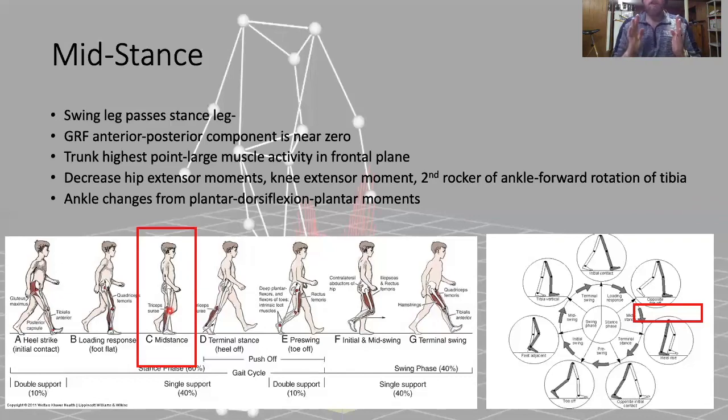And when you're on one leg, there's a ton of frontal plane musculature activity so that you don't tip side to side when you start swinging that opposite leg through. So when I'm in stance phase and I'm in mid stance over my right leg, right, the abductors and the adductors are working really hard in the frontal plane to keep things balanced.